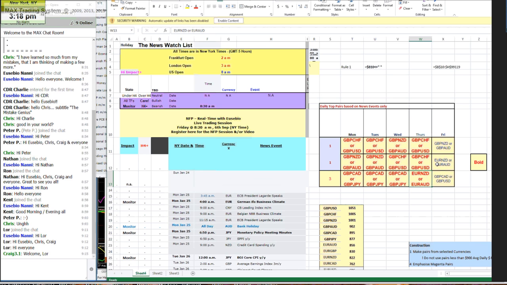Okay, I'll just type it out. Then we will have the pound CAD or the Euro pound. And then the Euro Kiwi or Euro Aussie.